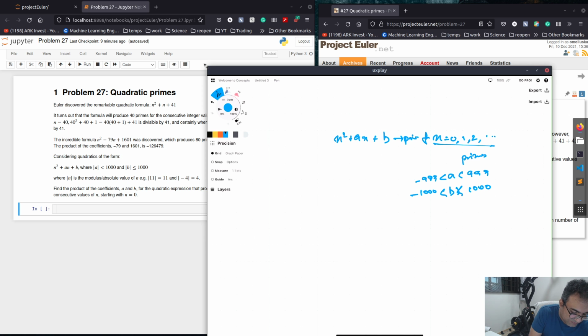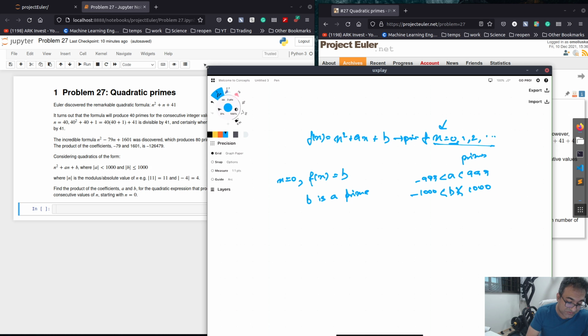If we put n equals 0, then this expression, if we call this function of n, equals b. Okay, right away we know that b is a prime. Why? Because n starts with 0, so we know it has to satisfy for n equals 0.